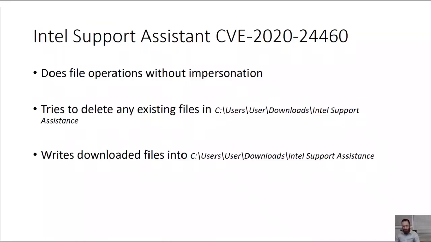Also, it tries to write the updated versions into the same very directory. As an unprivileged user, we can ask the service to scan our machine for new versions and download them. This will cause the service to do a cleanup of its directory inside the downloads directory. So we can place a mount point and a symlink on a file and it will be reparsed to any file, granting us arbitrary delete.